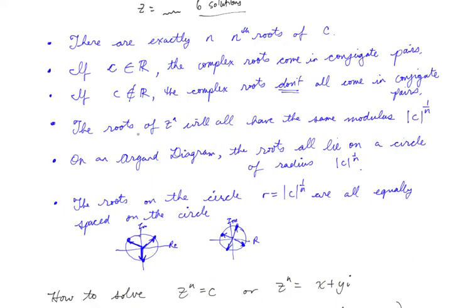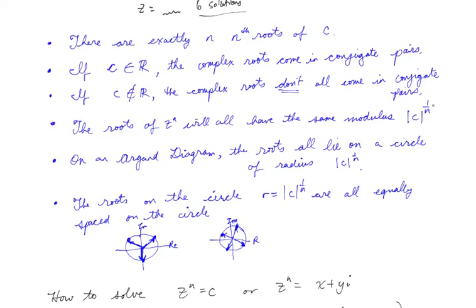The roots of z to the nth power will all have the same modulus, and the modulus will really just be the modulus of c raised to the 1 over nth power.